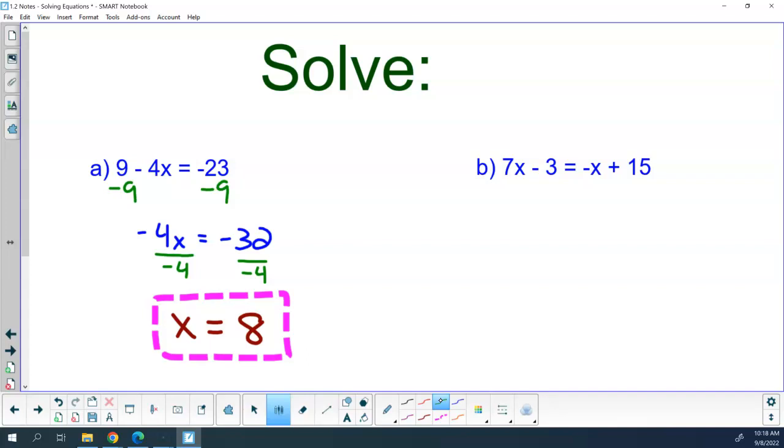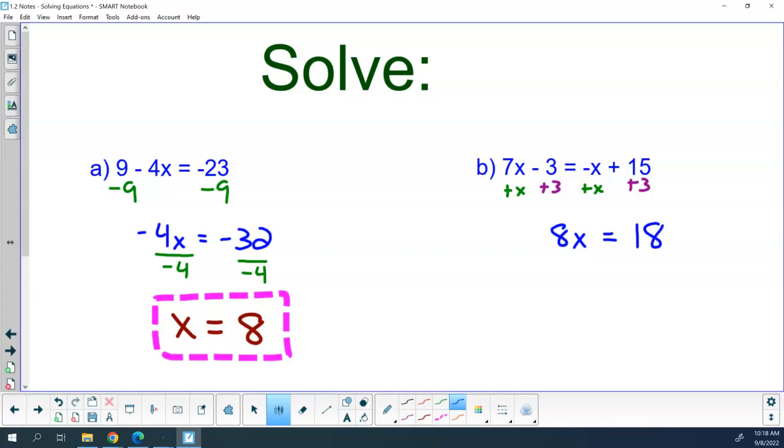Okay. So I'm going to add x to both sides. And at the same time, I'm going to add 3 to both sides. So then that gives me 8x on the left, and that gives me 18 on the right.